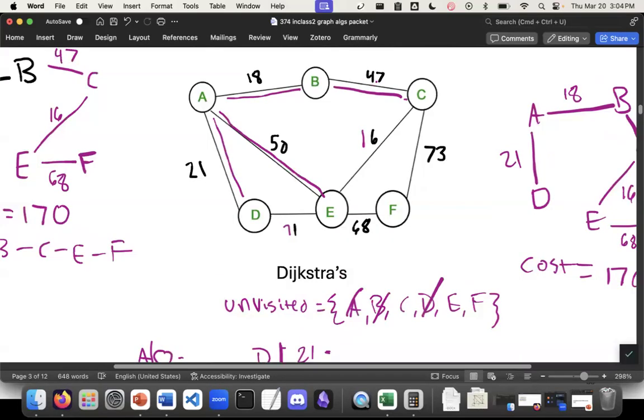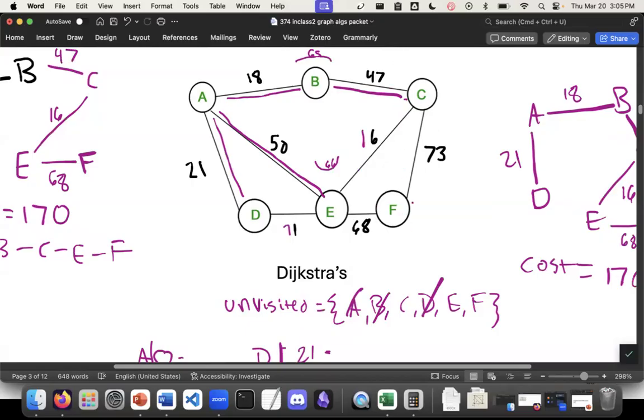And I think the answer is no, just by 1. I think this route is 65, and this route is 66. So because this route going through E to get to C is more expensive, we disregard it.